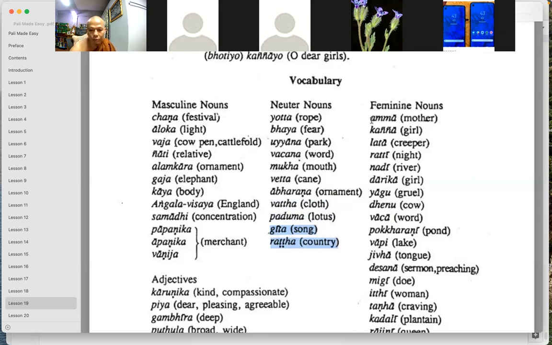And feminine nouns. So amma means mother, and bhodi is addressed to amma, not as a kanya. So kanya, girl, and the latta, river, and the ratti, actually should be ratti. So spelling mistake, not ratti, ratti, night. Short one, ratti. And then nadi, river. So darika, girl.